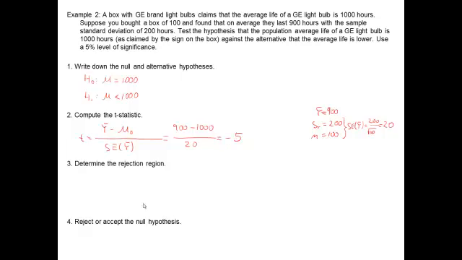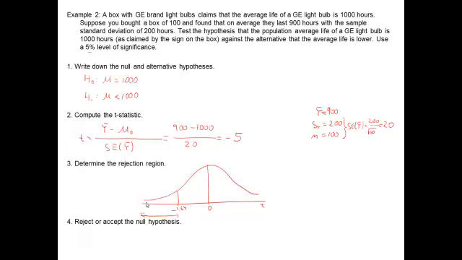Let's determine the rejection region. The test statistic, T, bounces around 0. The rejection region is on the left side with the critical value of -1.64 because we're using a 5% level of significance. So if the test statistic falls anywhere to the left of -1.64, we reject the null hypothesis.